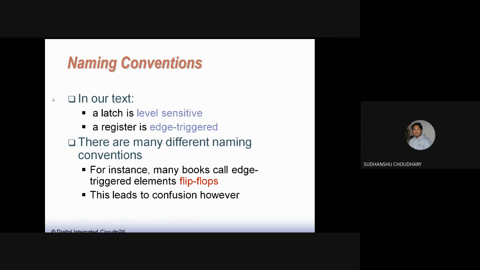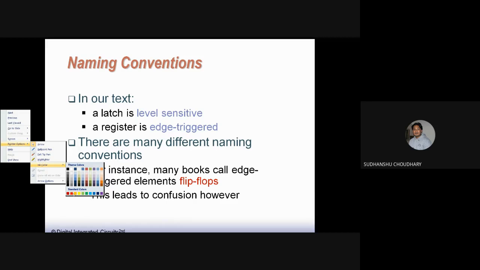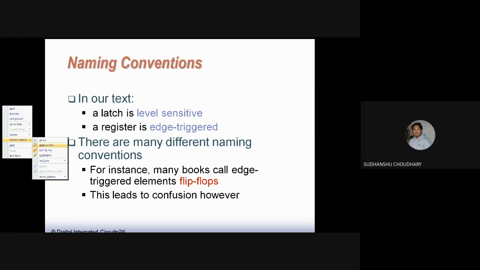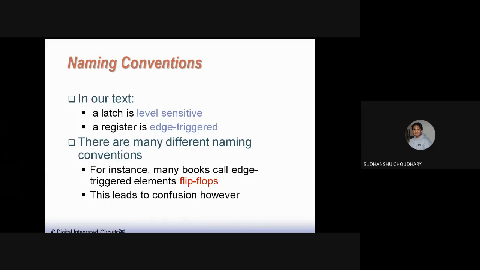Now in our discussion in this course, we will assume that a latch is level sensitive. There are different conventions followed by different textbooks, but when we talk about this textbook, we'll always utilize this convention, that a latch is always level sensitive, and a register is edge triggered, either positive or negative edge triggered, what we call a positive edge sensitive register or a negative edge sensitive register.